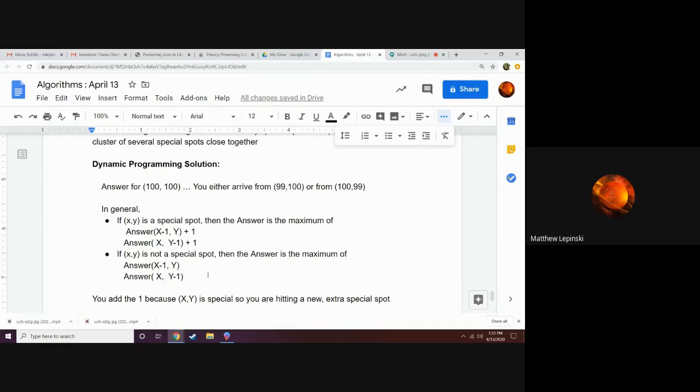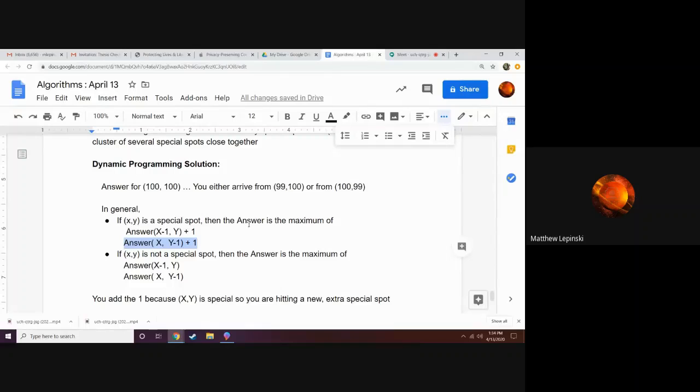So the idea here is you want to find the answer for XY. You look at either I come into XY from the west, going east, or I come in going north. So this is a dynamic programming approach to a problem because I'm solving a bigger problem by looking at the better of two smaller problems.